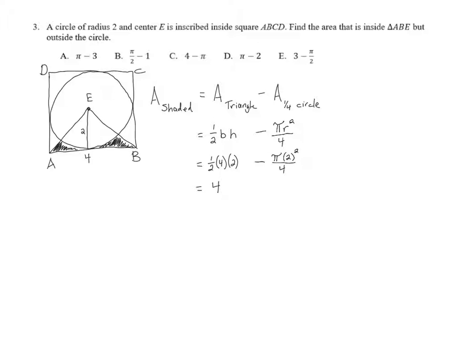But 2 squared is 4, so we've got 4 over 4, which is 1, and all we're left with is pi. So we end up with the area of the triangle minus the area of 1/4 of the circle is 4 minus pi. So that's going to be our final area, and we can see that that corresponds to answer choice C.